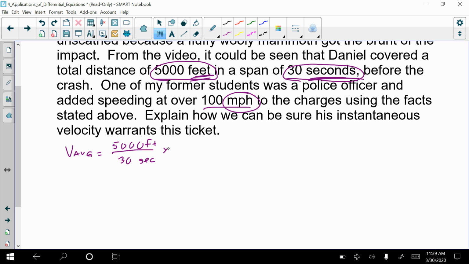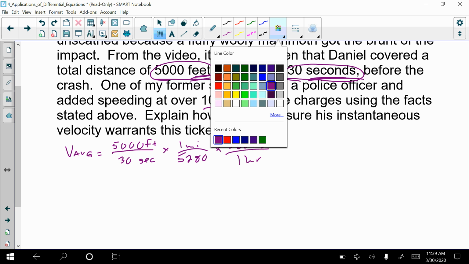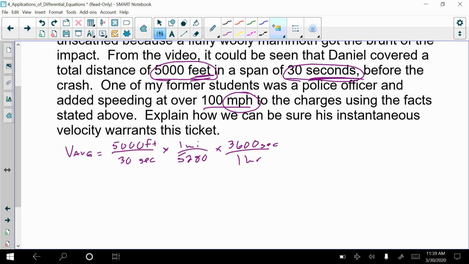So I'm going to take that and multiply it by the fact that in 1 mile, there's 5,280 feet. And there are 3,600 seconds in 1 hour. So looking at our units here, and I forgot my unit here, this is feet.